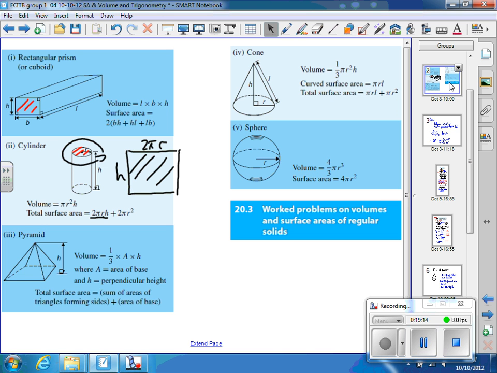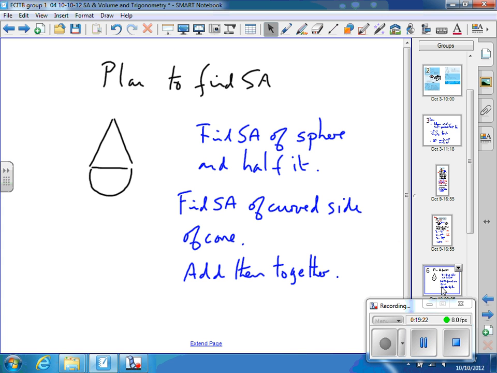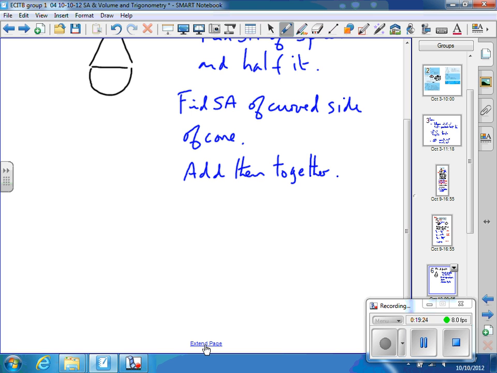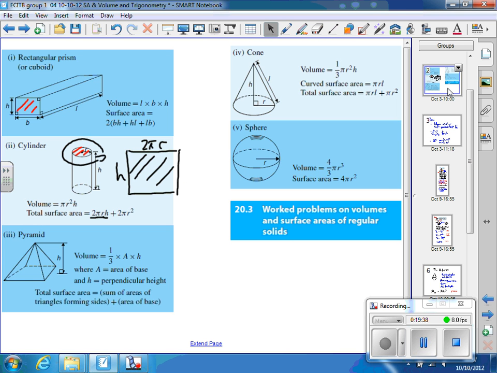So we want 4 pi r squared, but we want half that, so what will it be? 2 pi r squared. So surface area for the hemisphere is 2 pi r squared. Do we know r? Yes, r is 2. So that's okay.